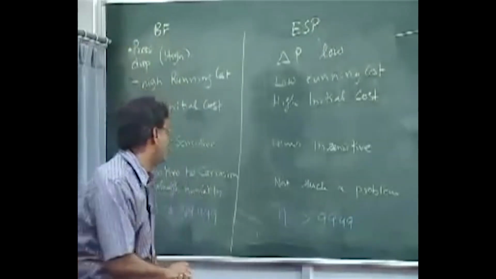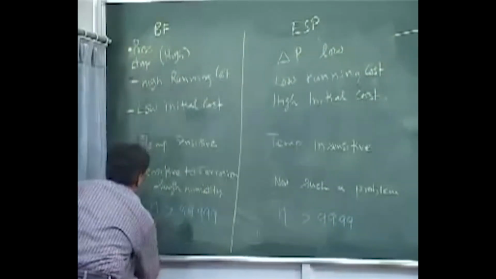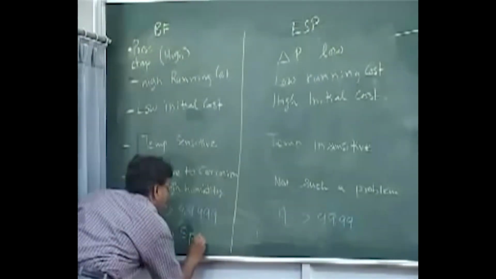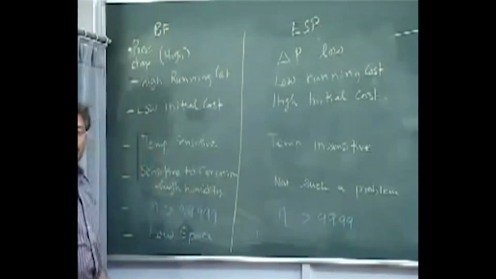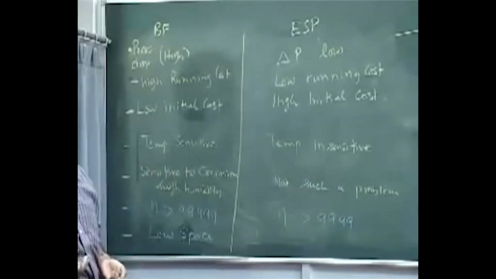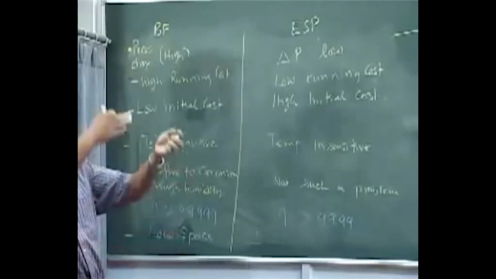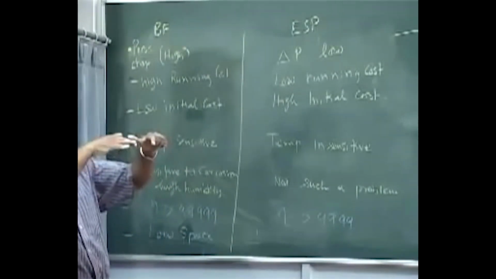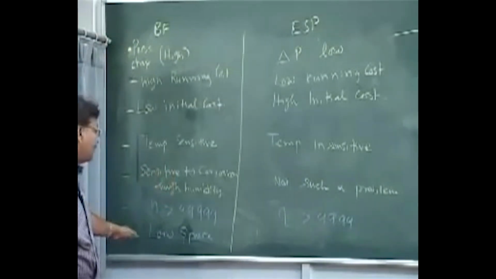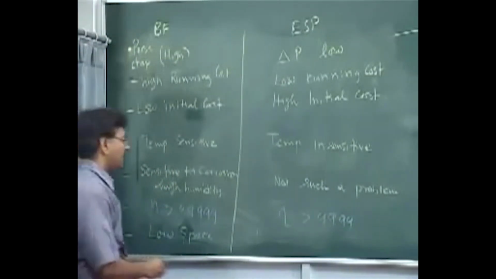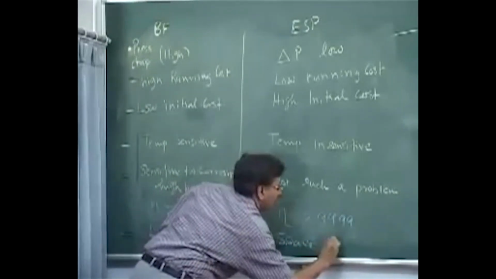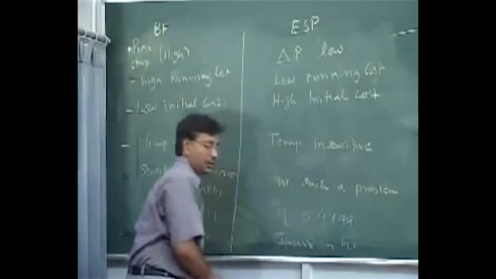But the other thing we should not forget is space. The bag filter requires low space, because you are increasing the surface area by putting n number of bags, and you can go vertically up: one floor, second floor, third floor. ESP sizes are very large, so the space requirement is high.